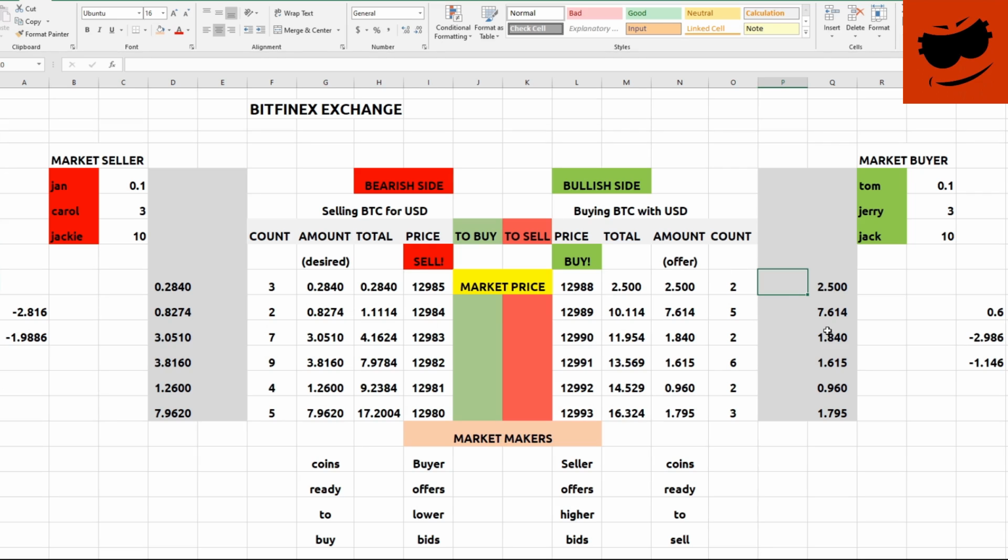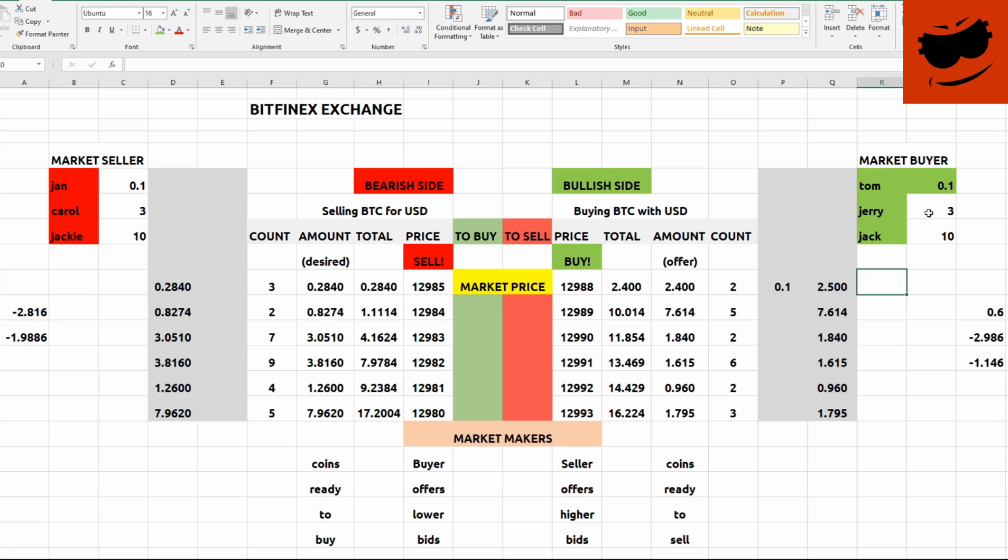So he will make a purchase of 0.1, and as you can see, the balance went from 2.5 down to 2.4. So the amount of coins available at that price has been decreased by 0.1, and Tom is now happy. He has his coins in his pocket, and he's satisfied.